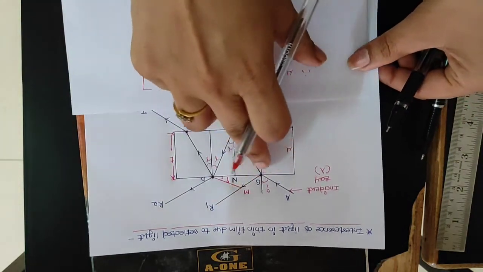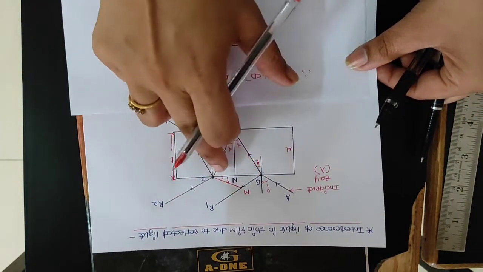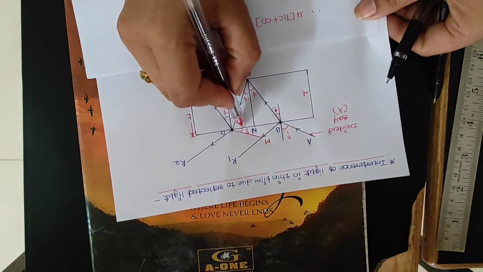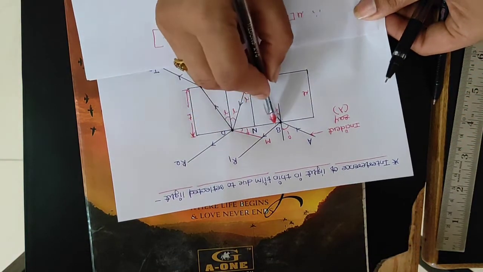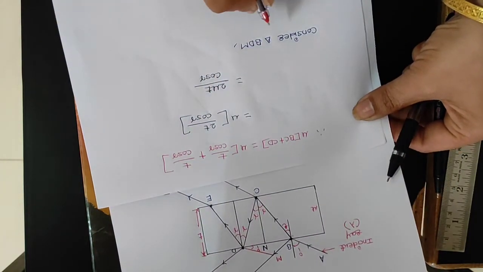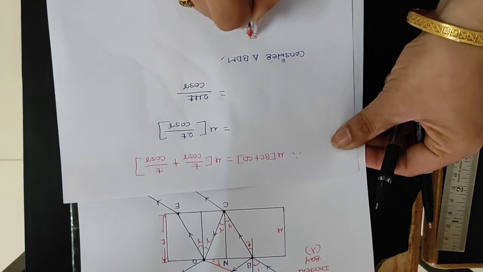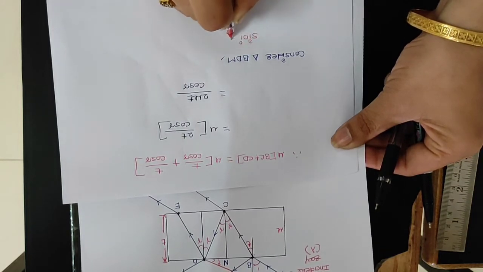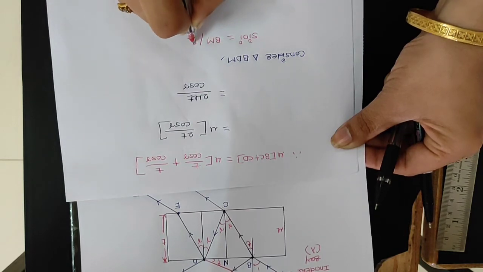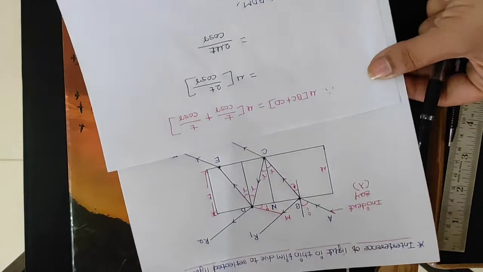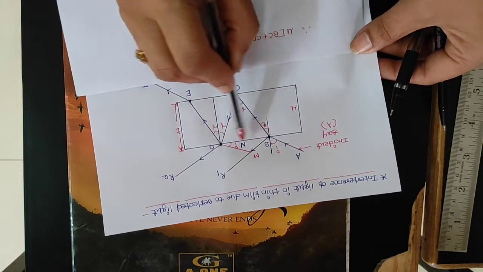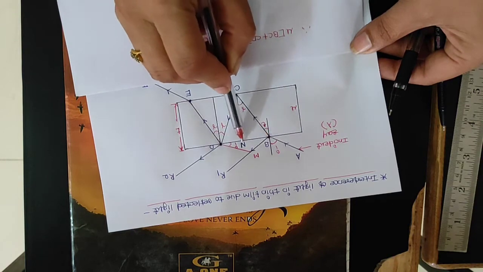Now from the triangle BDM, sin i is equal to, what we get? Sin i is equal to BM divided by BD. Now again, if we see the figure, then it is observed that BD is nothing but BN plus ND.